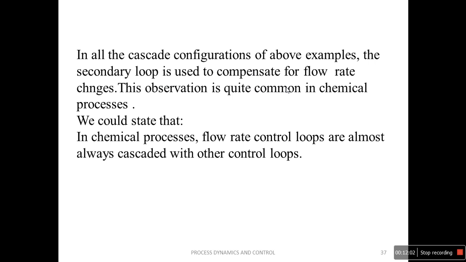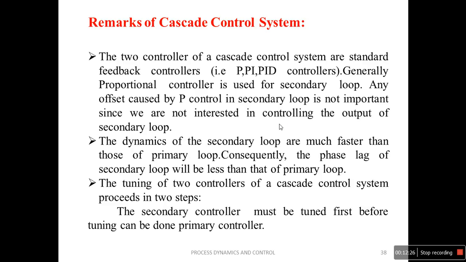In the chemical process, the flow rate control loops are almost always cascaded with other control loops. That may be cascaded with the temperature, or with the flow, or the pressure or anything. But in almost all the cases, the secondary loop is going to compensate the flow rate change. So that is about the cascade control system.